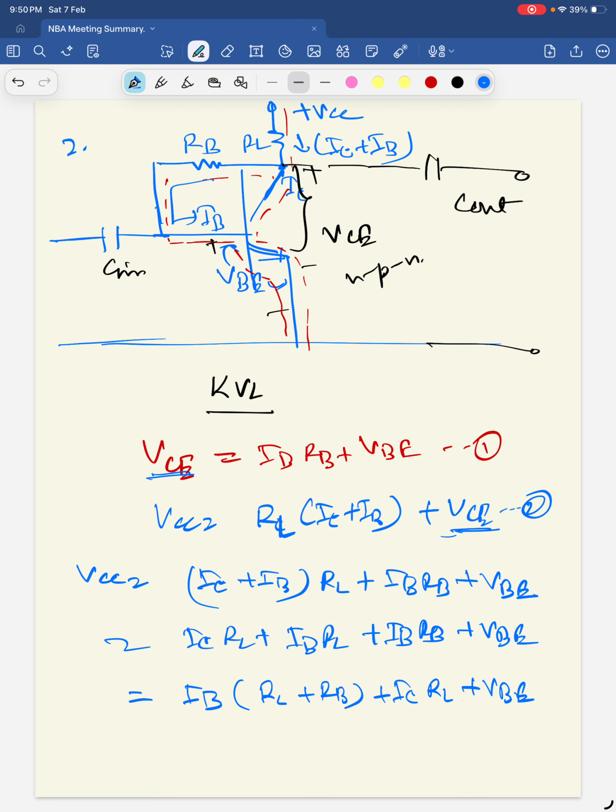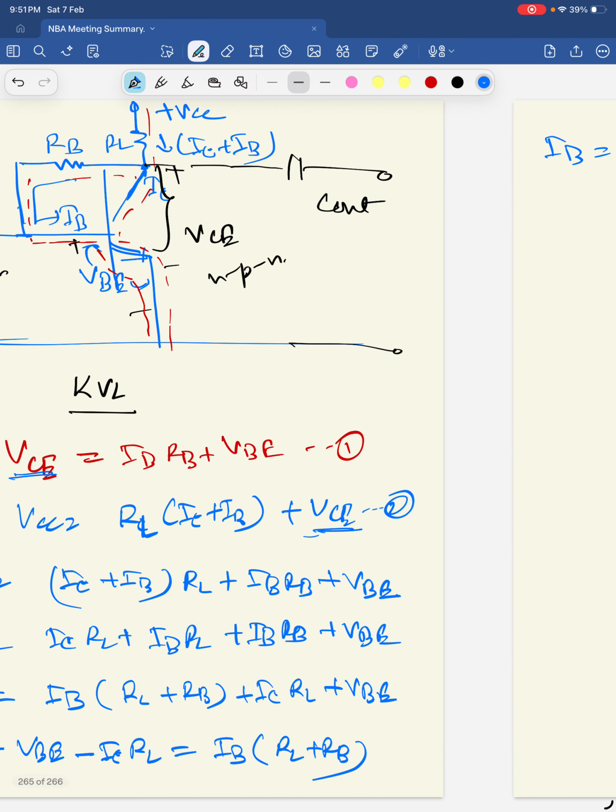So now we can say that VCC minus VBE minus IC RL is equal to IB into RL plus RB. So IB is equal to this by this.